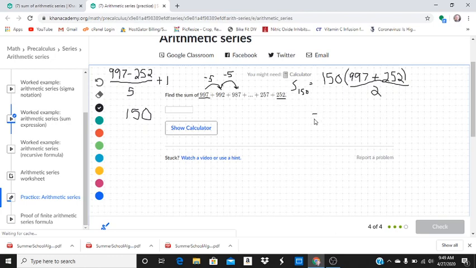So we got 997 plus 252. That's 1,249. We're going to divide that by 2. We get 624.5, and we're going to multiply that by 150. And we get 93,675.